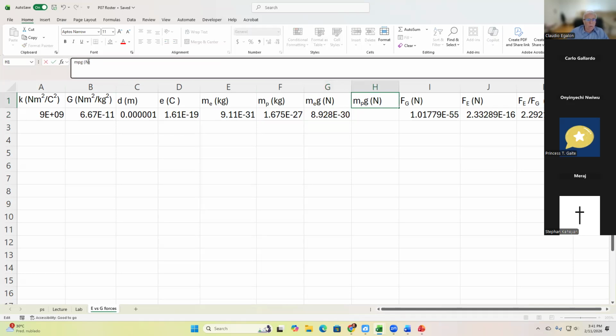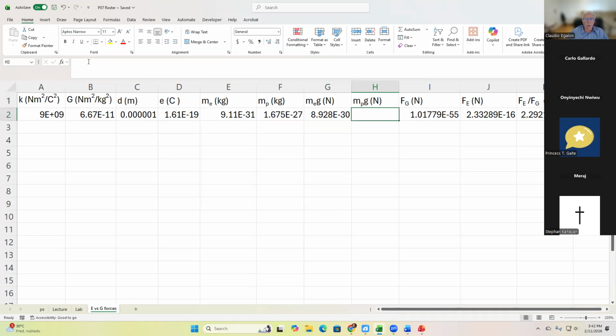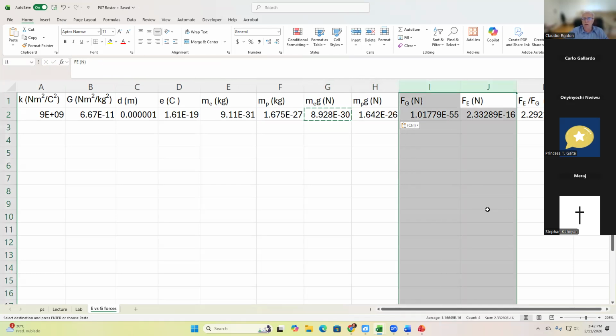Now, I suggest that you follow what I do here, in your own spreadsheet, so you become familiar with Excel, right? Now let's see how they compare, right? Are you convinced that the electric force is much larger than the gravitational force?